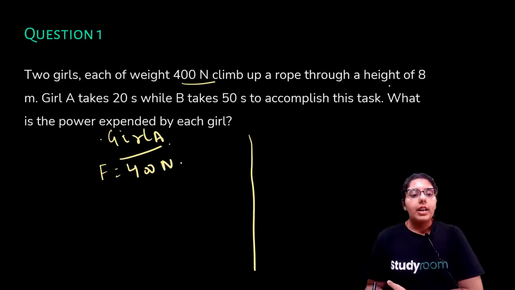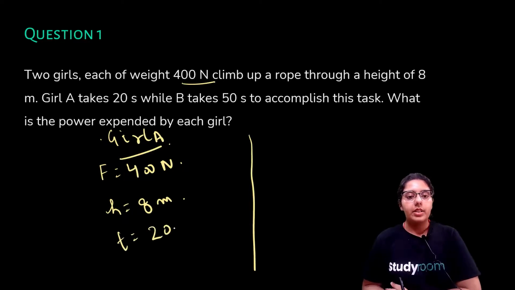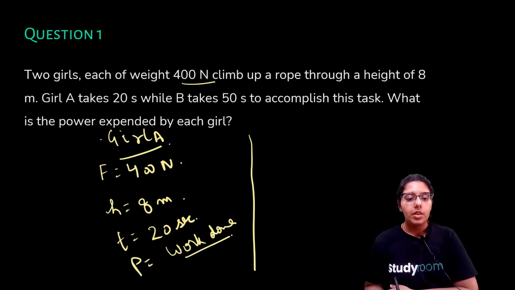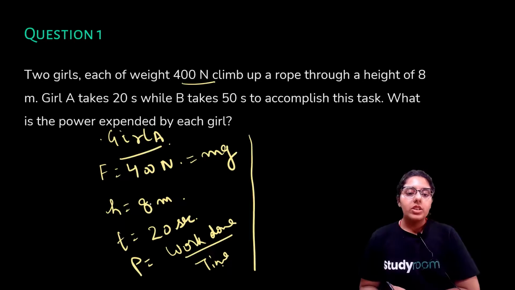She climbs a rope of height 8 meters in 20 seconds. So this is for girl A. Let's calculate the power. Power is nothing but work done upon time. Your force is mg, so you have mgh as your work done.